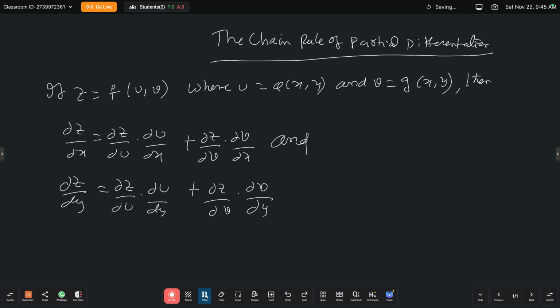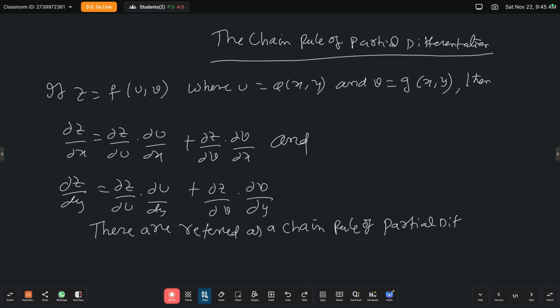So these are referred to as the chain rule of partial differentiation.